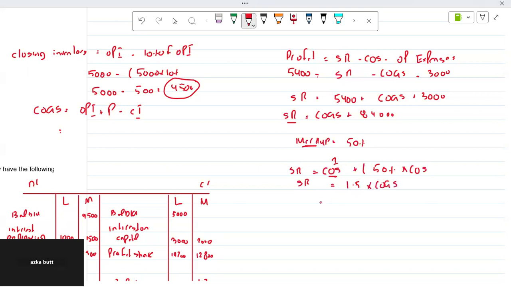Okay. And since sales revenue was equal to cost of goods sold plus 8,400, this is equal to 1.5 multiplied by cost of goods sold.